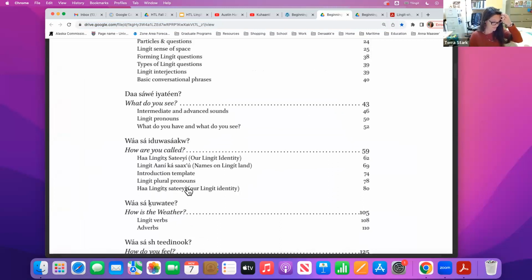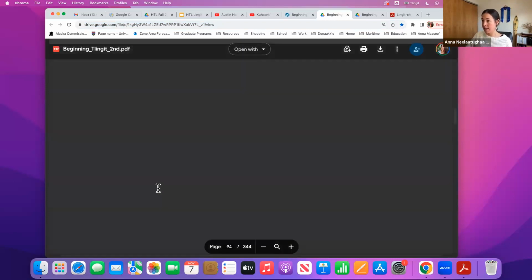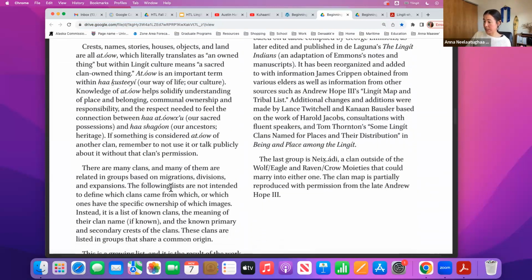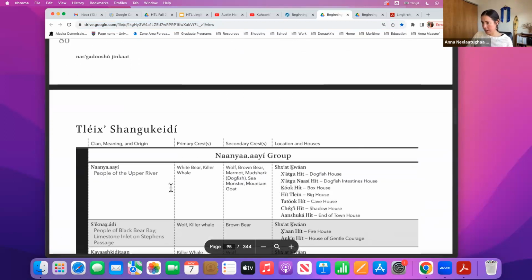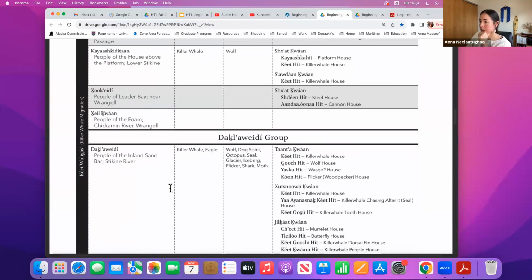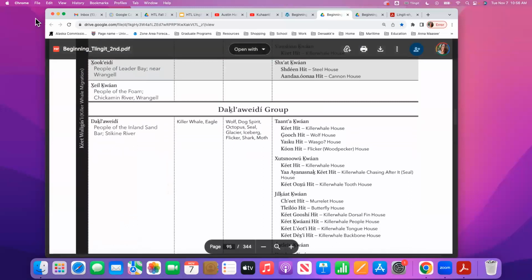If you click it in the table of contents, it actually takes you straight to that chapter, which is nice. But we can see it'll be on page 80. Here's what we just read, this excerpt, this explanation. And here we have the table that we're looking at.